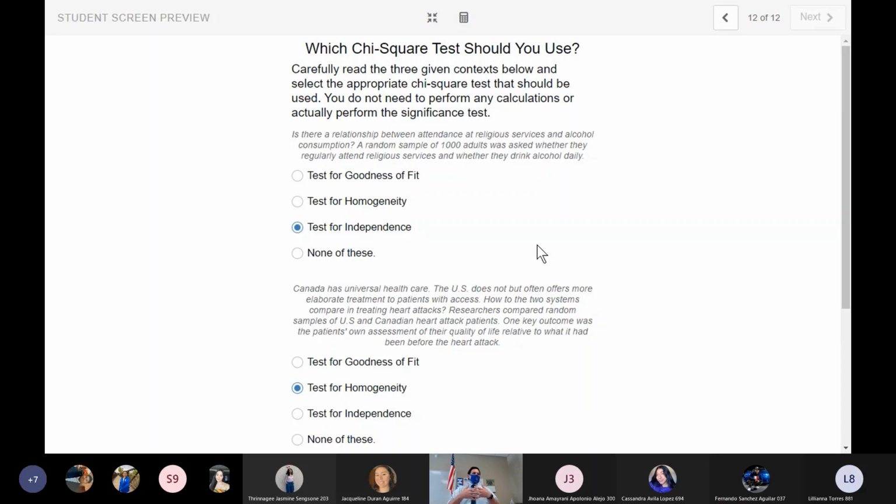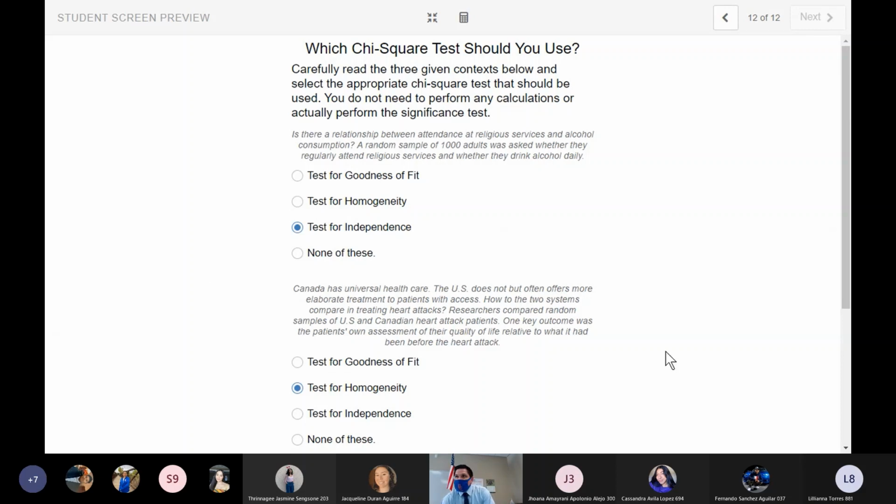When you're trying to see if two things affect each other, you're trying to determine, are these independent variables or are they dependent? Do they affect each other? That's a test for independence. When it comes to the test for homogeneity, we're looking for, is there a difference between these two populations when we track this variable?